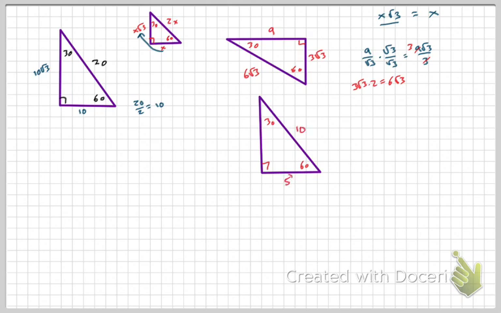I multiply this by radical 3 to get my 30 leg. And if I'm given my 30 leg, let's just call it 12, I would divide by radical 3 to get my 60 leg, and then whatever I get there, I multiply by 2 to get my hypotenuse.